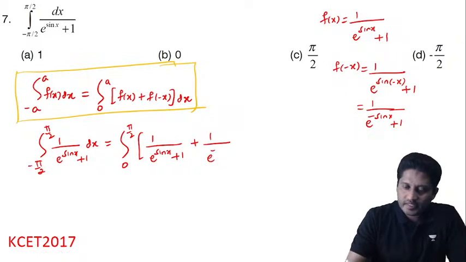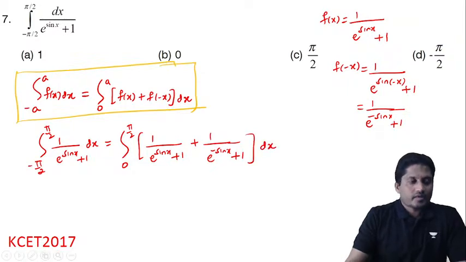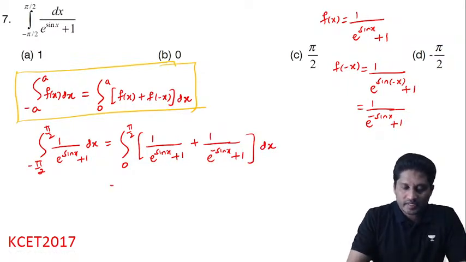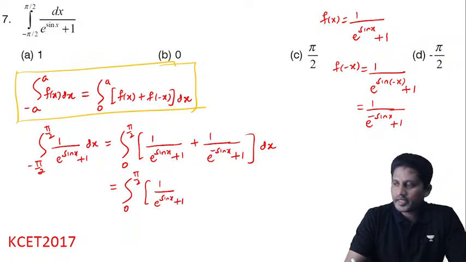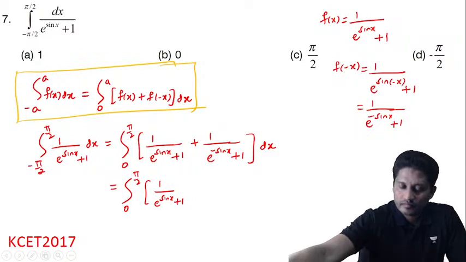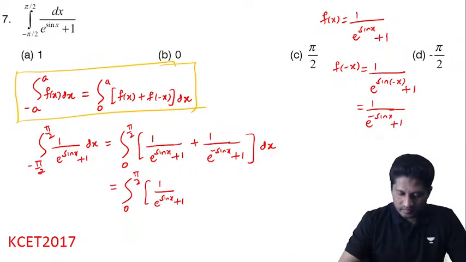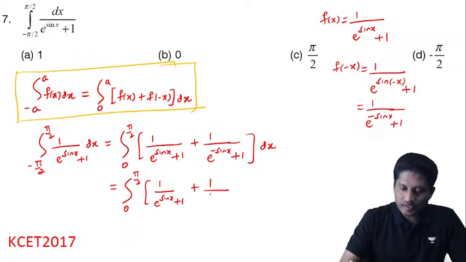So this is minus sin x plus 1 dx. Right, now this can be written as integration 0 to pi by 2, 1 divided by e power sin x plus 1, plus 1 divided by (1 by e power sin x) plus 1, then this is dx.